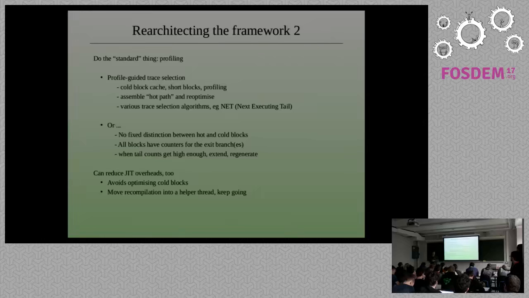That's something I actually don't want to do directly like this, because I don't really like the idea of having a distinction between blocks which are cold and blocks which are hot, and having to decide at some point that I'm going to have to make this transition between them. What I'd rather do is have a single unified cache of blocks, and then profile at the end of each trace to see which way we're going out of it if it's a conditional branch.